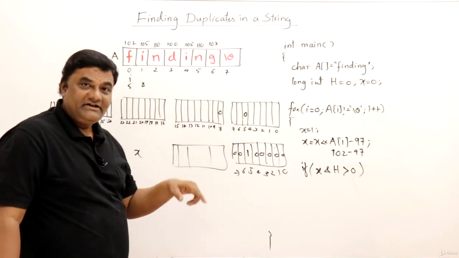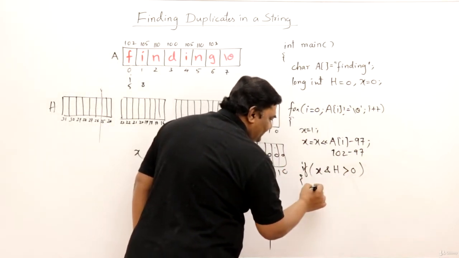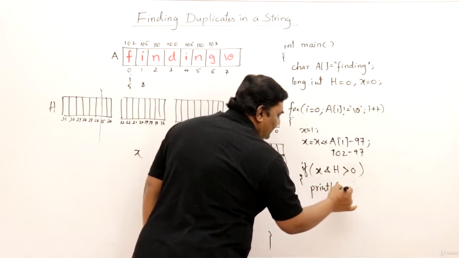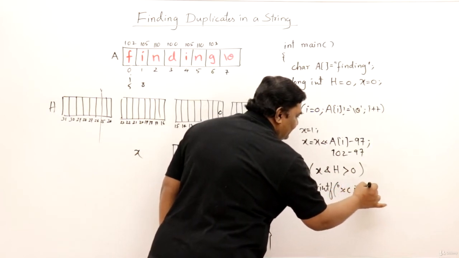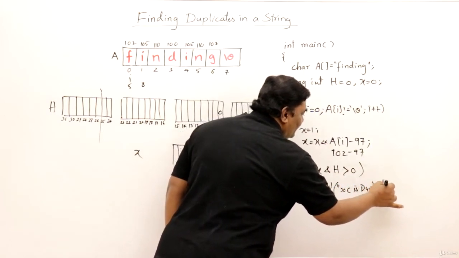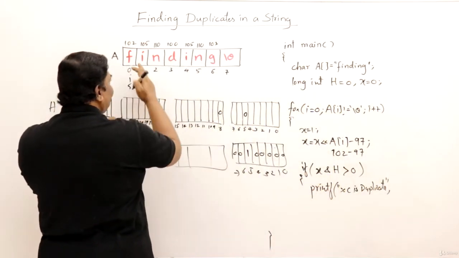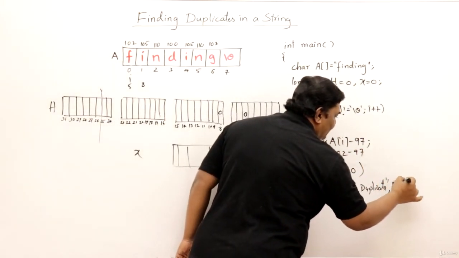If it is so, then print that the letter is a duplicate. So printf("%c is duplicate"). Who is duplicate here? That is A of i. For f it is not duplicate. For i and n you will get duplicate. So A of i, whatever i is.